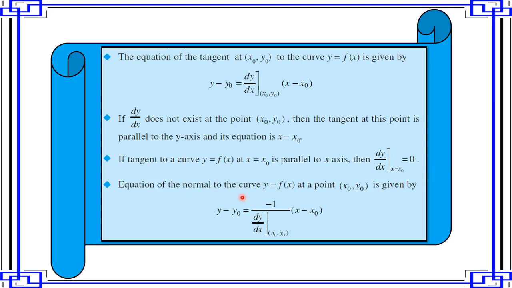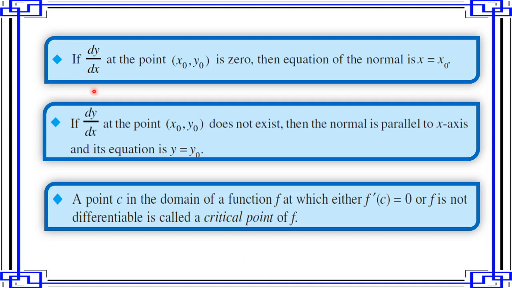Equation of the normal to the curve y equal to f(x) at a point (x0, y0) is given by y minus y0 is equal to slope of normal into x minus x0. If dy by dx at the point (x0, y0) is 0, then the equation of normal is x equal to x0.